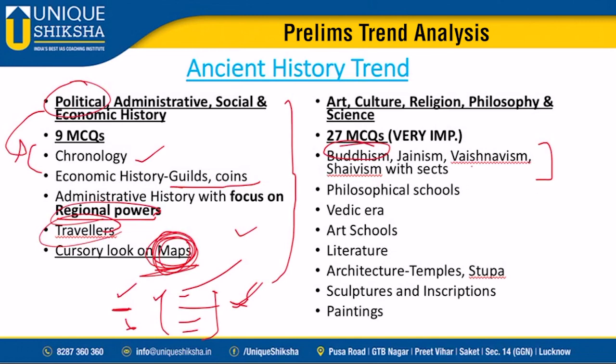Then Shaivism or Vaishnavism, their sects and sub-sects, are very important.